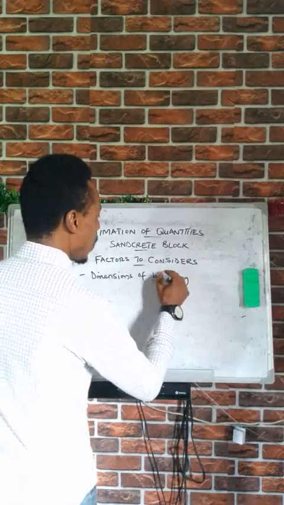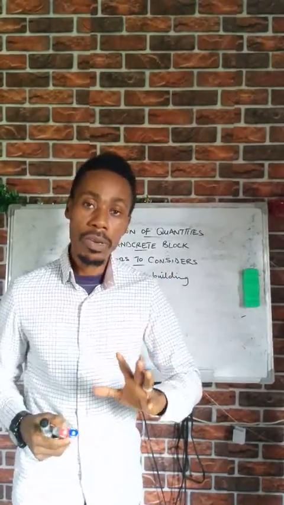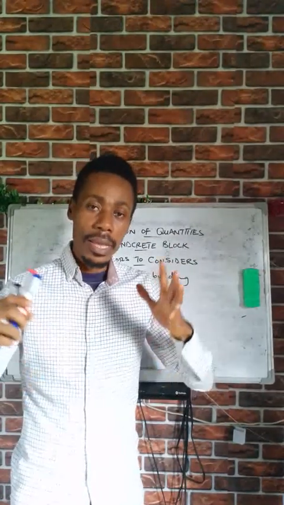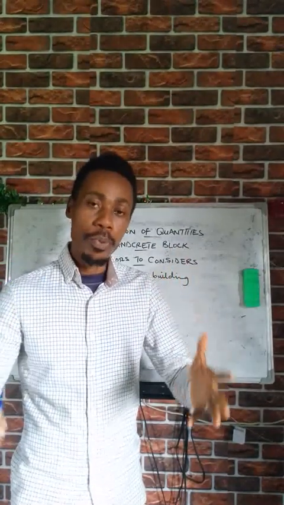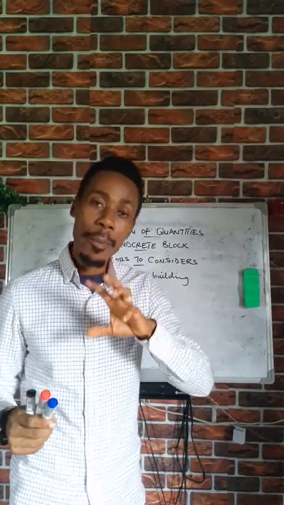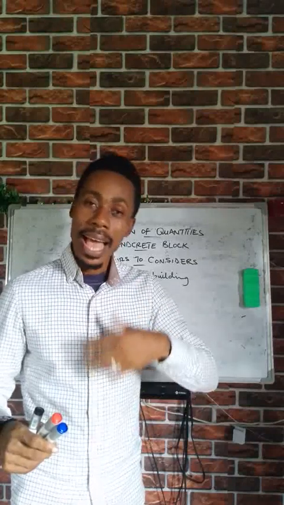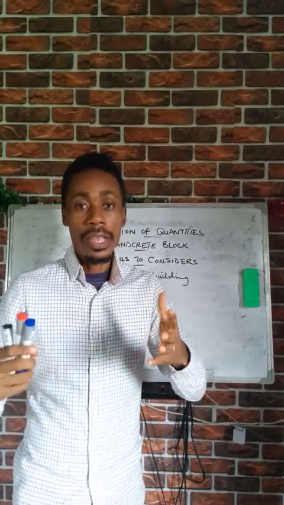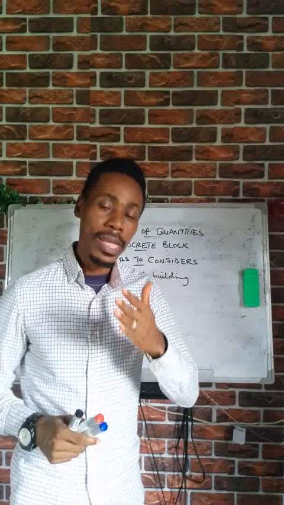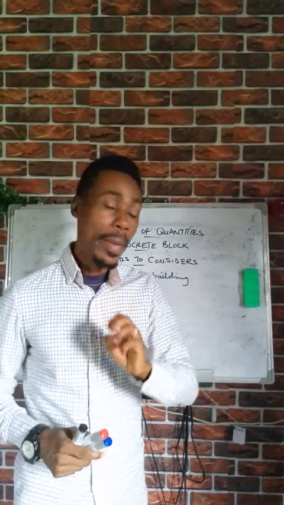If you want to calculate the quantity of blocks that will complete the proposed building, you must know the dimensions of the entire partitions in that building, and that can be seen in your architectural drawing. The dimensions are provided there, so you have to work with those dimensions.